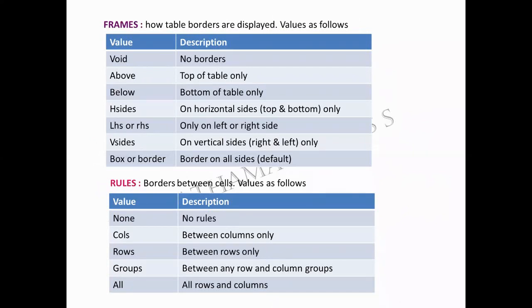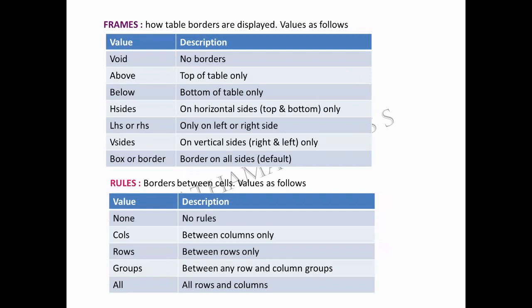Frame means, apart from the border, an extra frame if you would like to give. An extra border, a decorative border. Not decorative over here, you just have simple line borders. Apart from the border, if you want to have another added border for it, we call that a frame.